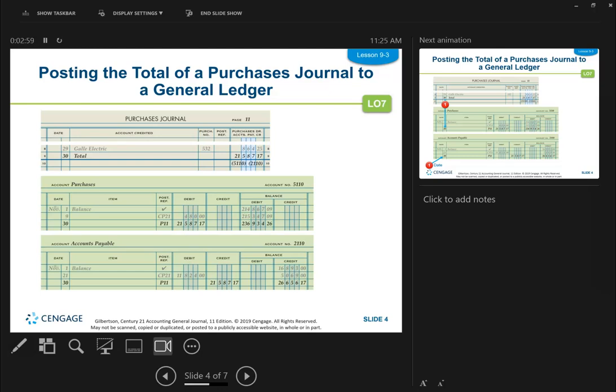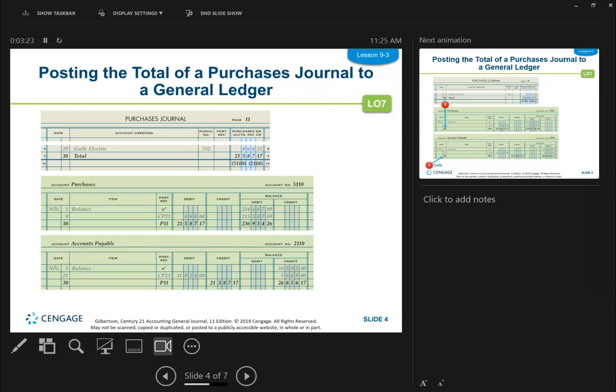To confirm that, we're going to transfer that total from our purchase journal to two places. It's going to go into the purchases ledger, which is like the parent ledger for all of our vendor accounts.